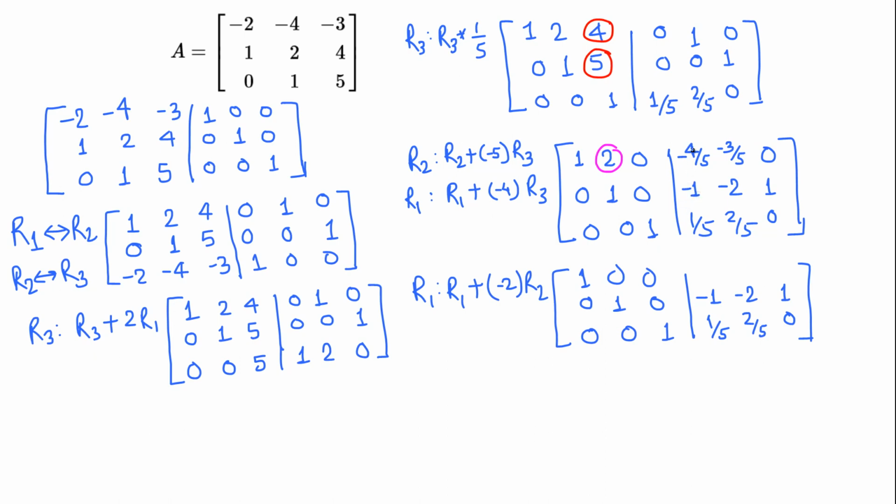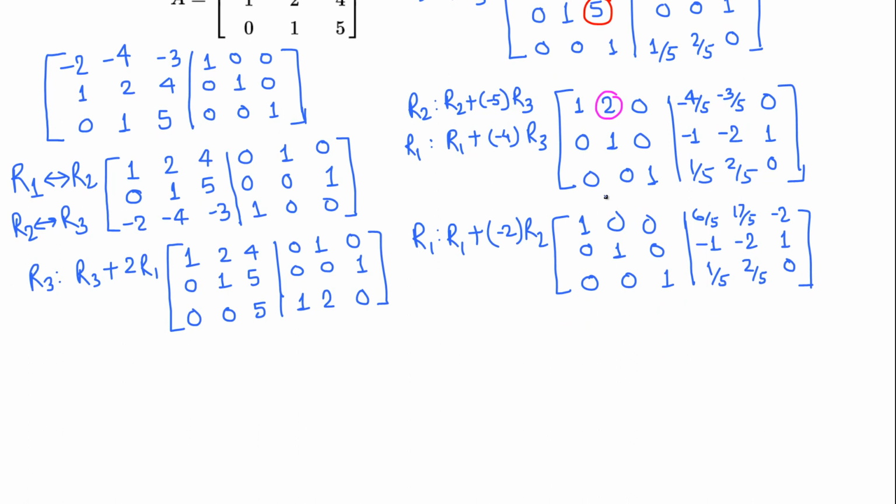Okay, negative 4/5 plus 2, which is 10/5 minus 4/5, is 6/5. So this is 6 over 5. Here is negative 2 times negative 2, positive 4. Positive 4 minus 3 over 5, that's 17 over 5. And here is negative 2 times 1, negative 2 plus 0 is just negative 2.